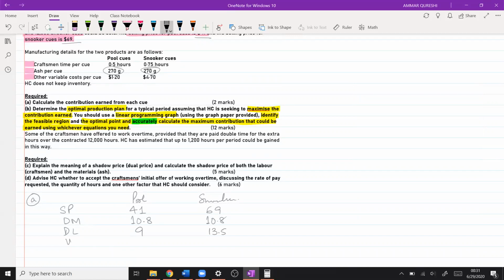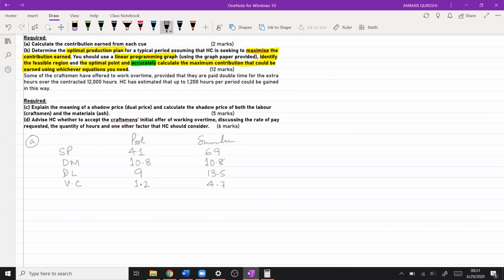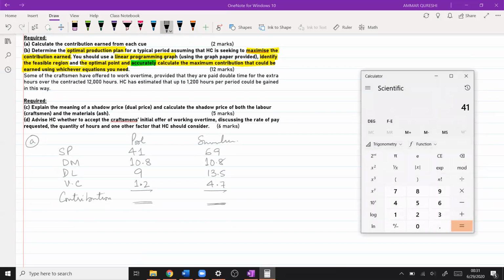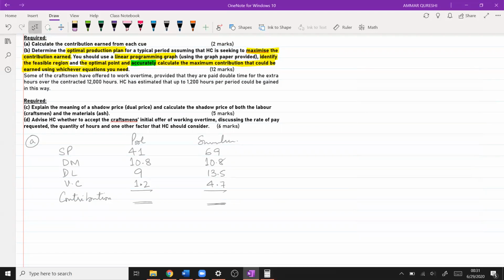Other variable cost is $1.2 for pool cues and $4.7 for snooker cues. So this will be the contribution for pool cues, and this will be the contribution for snooker cues. 41 minus 10.8 minus 9 minus 1.2 makes 20.